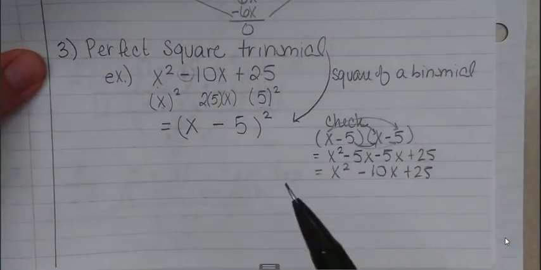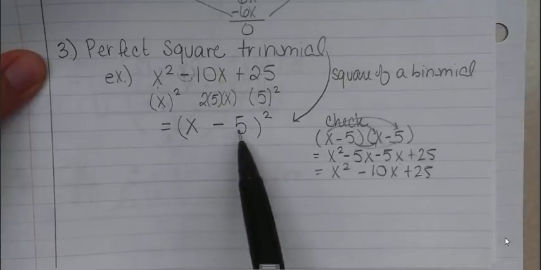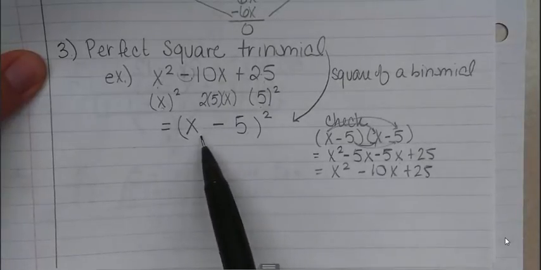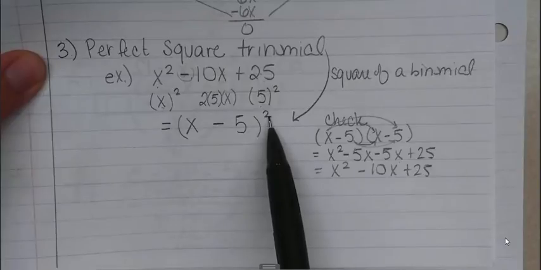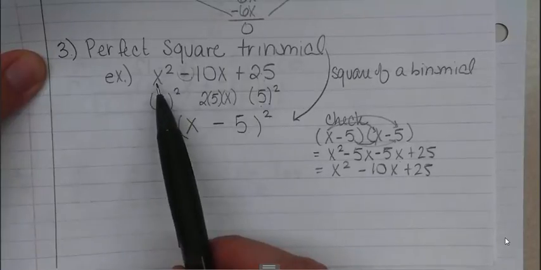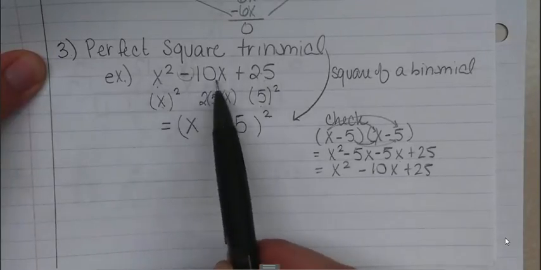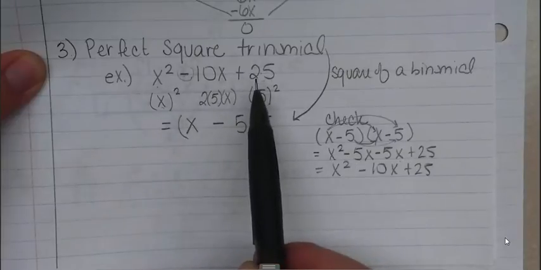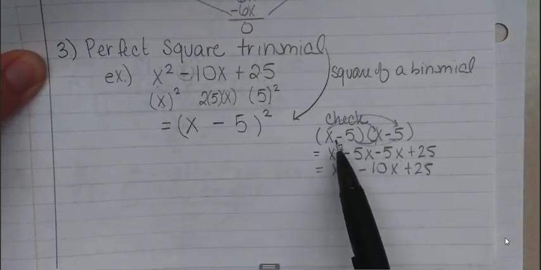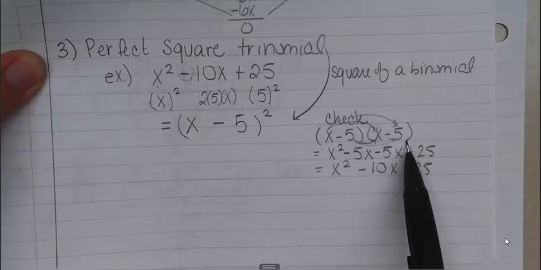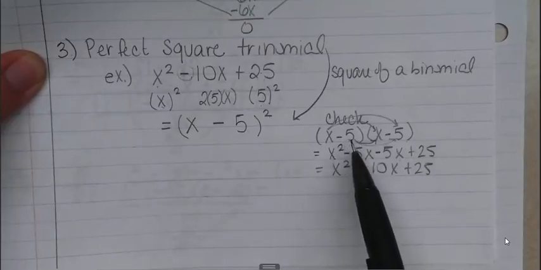Okay, so when I have the square of a binomial, right, x minus 5 squared, look at what I get. I actually get a perfect square trinomial. That is because in x minus 5 times x minus 5, the inners and the outers don't cancel out.